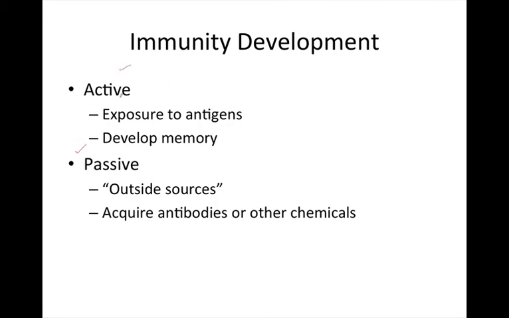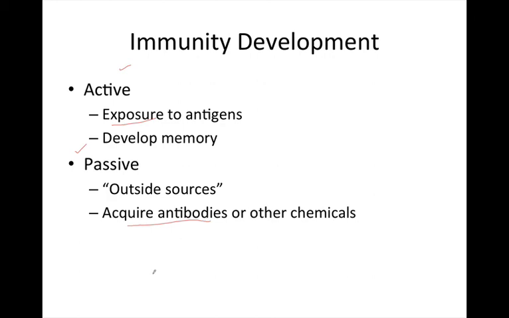When we develop our immune system through active means, this is exposure to antigens. Whereas with passive immunity, we have outside sources that help us acquire materials to enhance the immune response.